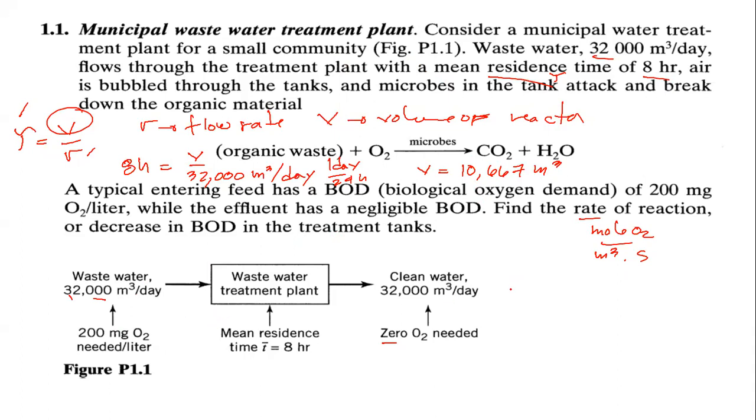You have 200 milligram, times 10 to the minus 3 to get gram of oxygen per liter, and you multiply by 32,000 cubic meter per day.